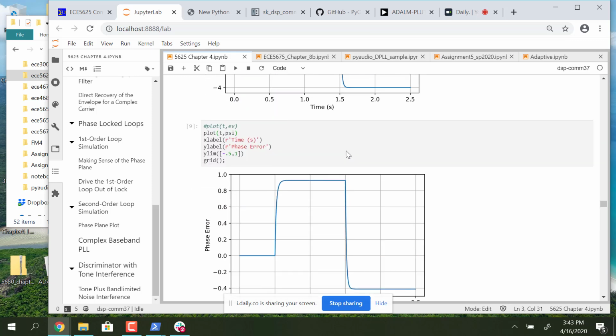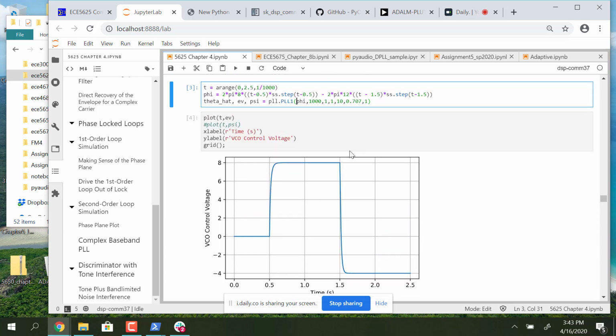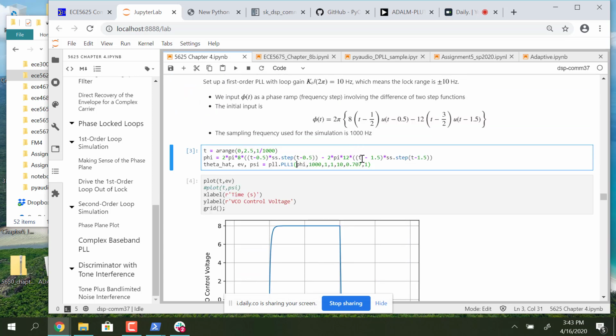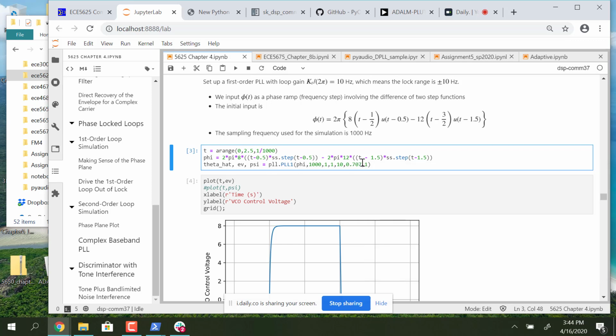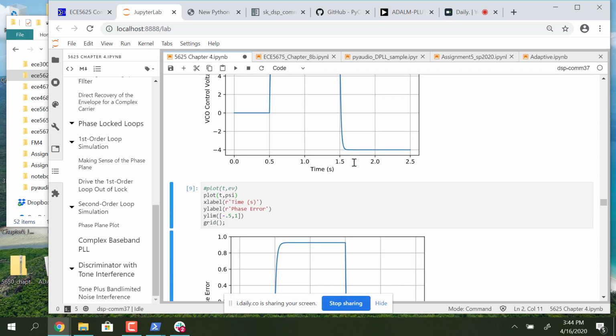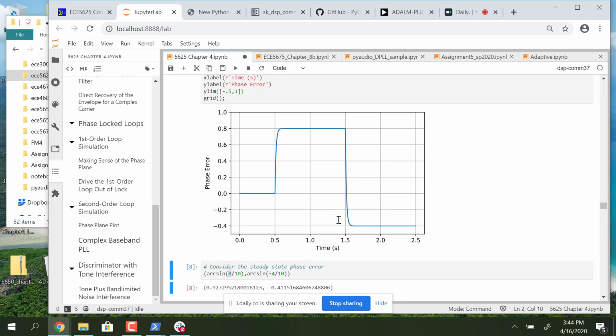What I could do here in this simulation, just to let you know, is fully linearize the loop. I could set this last argument, which toggles between linear and nonlinear. If I make the loop not have the sine phase detector in it, but just a linearized version of it, I put in 0, run my simulation, I get the same output, but now if I calculate the phase error, it's going to be exactly 0.8.